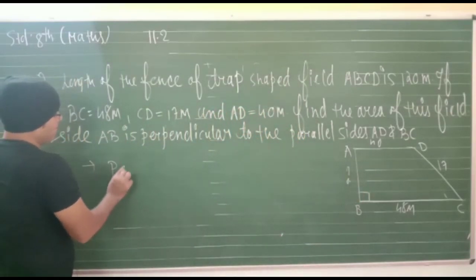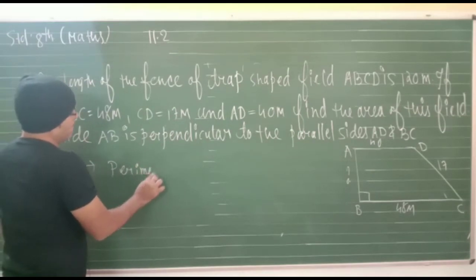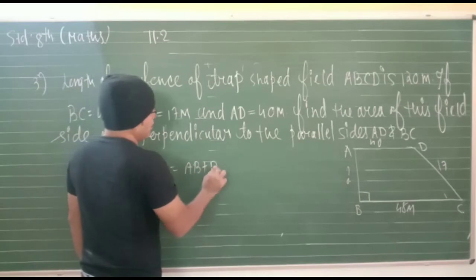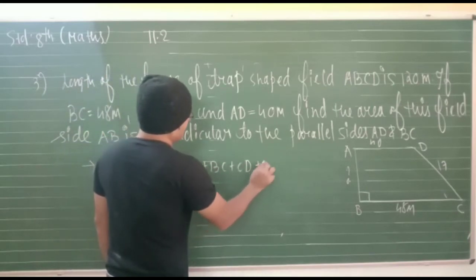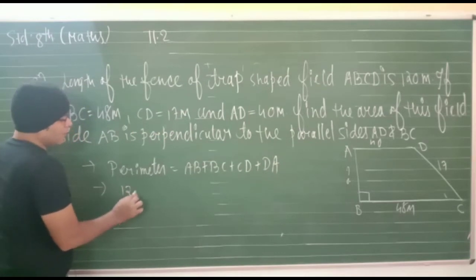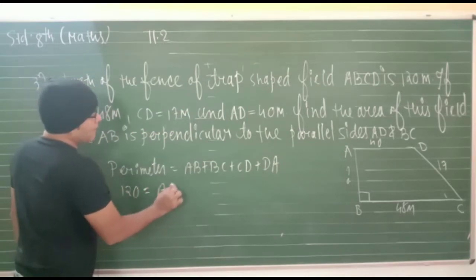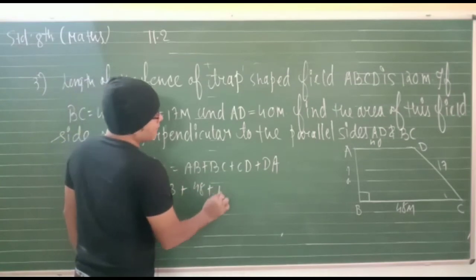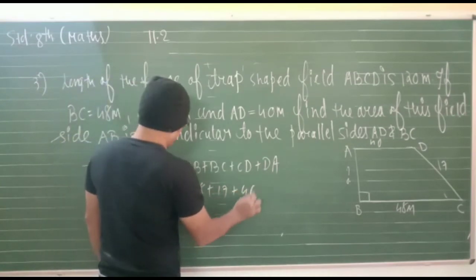So perimeter is equal to AB plus BC plus CD plus DA. Now total perimeter 120 is equal to AB plus 48, 17 plus 40.